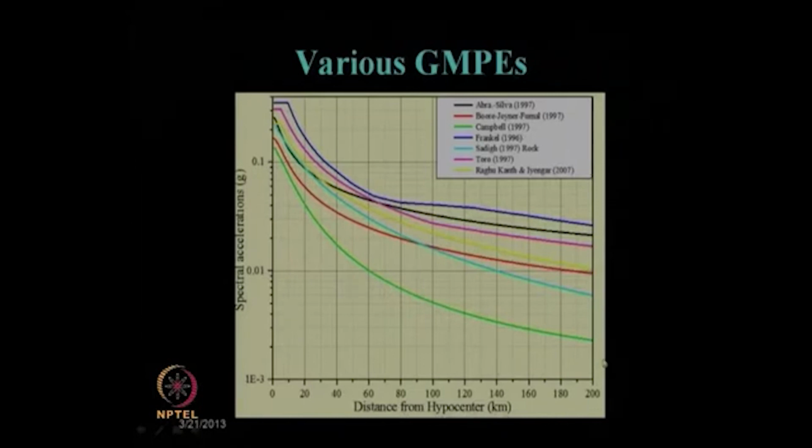So, these are the 7 attenuation relationships as proposed by these 7 ground motion prediction equations. Okay? Now, these results we are going to use for our deterministic seismic hazard analysis. So, we will continue further in the next lecture on this DSHA for the Gujarat region.